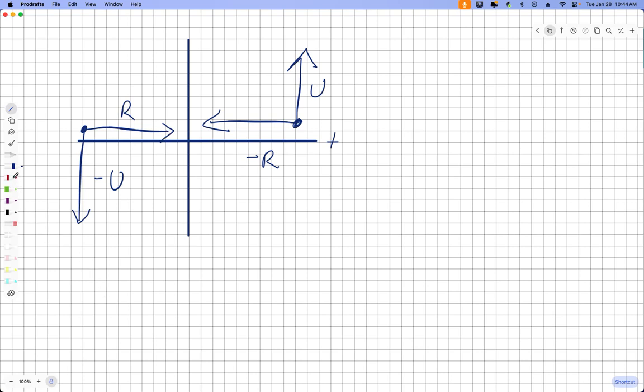If you have a point here and it is pulling this way and this way, then this is a positive R, this is a negative U. Even if it stops here, the force is dragging it down. Dragging something down is negative. Pushing something up is positive.